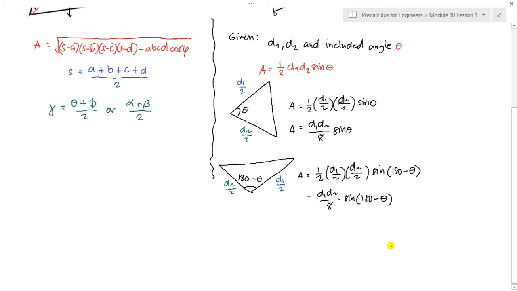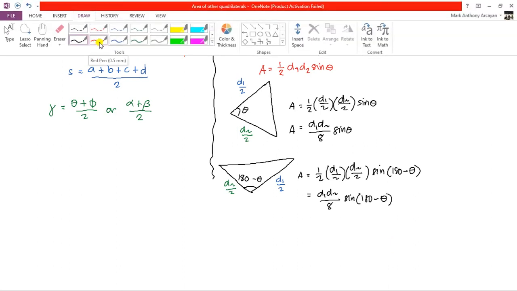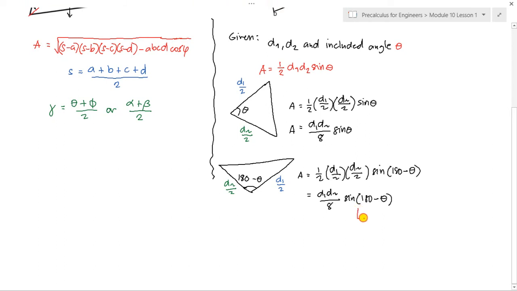Class, what is the equivalent of sine of 180 minus theta? Do you have any idea what it simplifies to? Actually, it is equivalent to, we can apply the sum and difference of two angles identities.